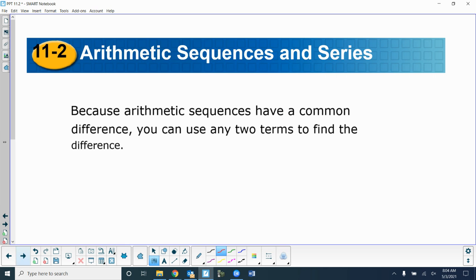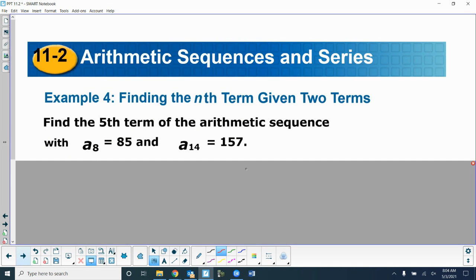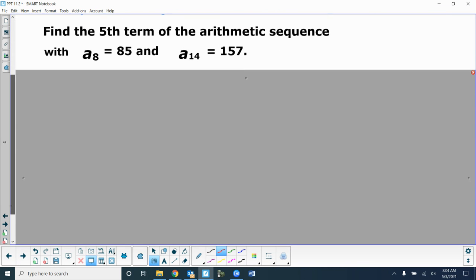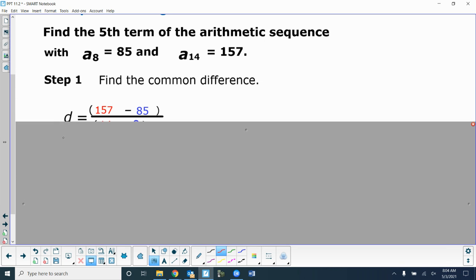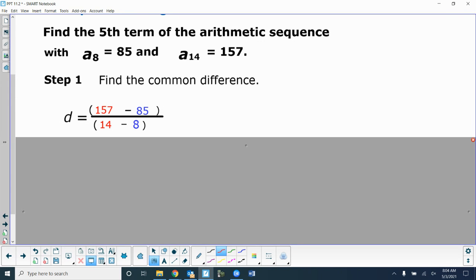All right? So, same rules. Which one's furthest right? 157 or 85? Furthest right minus furthest left.